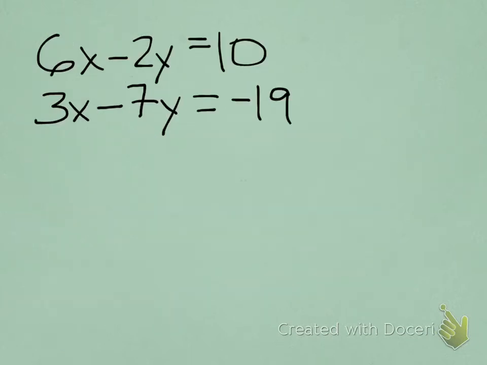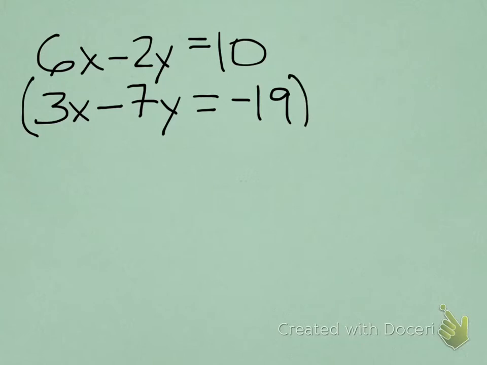So for this one, notice you do not have any terms that we can cancel just now, so you're going to pick whether you want to cancel the x terms or the y terms, and then pick how you need to cancel it, or the multiplying part. So I want to change the x terms because that way I don't need to multiply twice. So I'm going to change the x terms to both be 6.